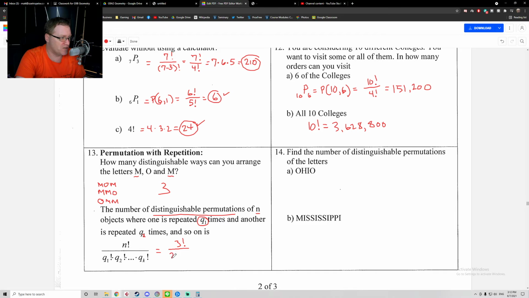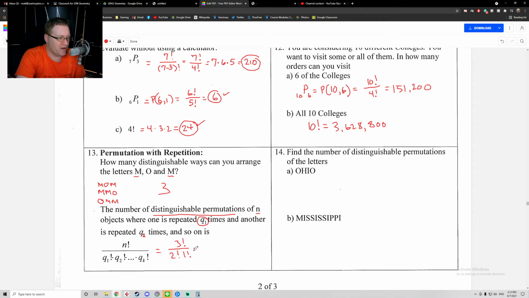So it repeats twice. So we put a 2 factorial. And then the O repeats once. So we put a 1 factorial. Now, 1 factorial is 1. So we don't really need to worry about things that repeat only once, we can just ignore them. We just need to write the ones that repeat more than 1 time.